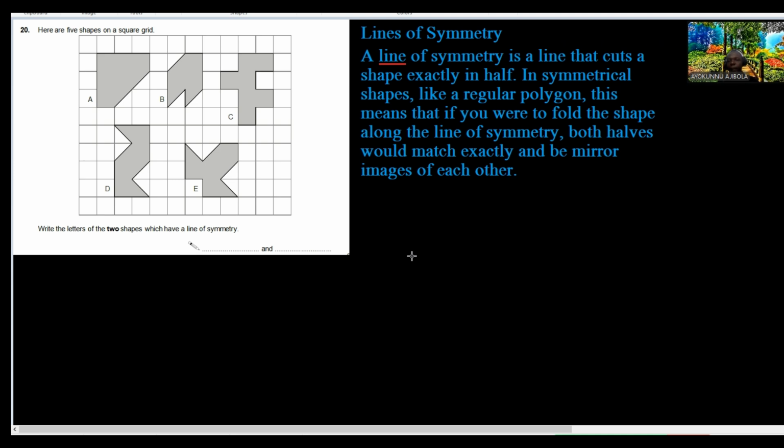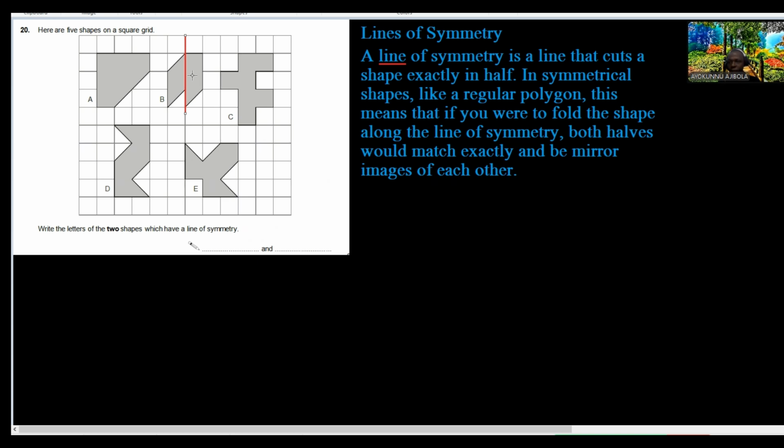Just look at it. B and E. Okay, did you say B and E, right? Yes. If we cut B in halves, probably if we use this line to cut it, one portion is greater than the other.